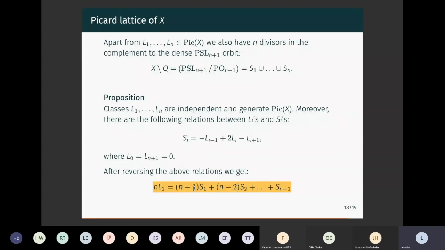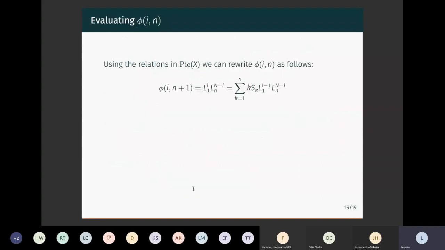Okay. So why do I talk about this? Well, because it turns out that instead of evaluating L1 through Ln directly, it's easier to rewrite it in a different way and then evaluate.